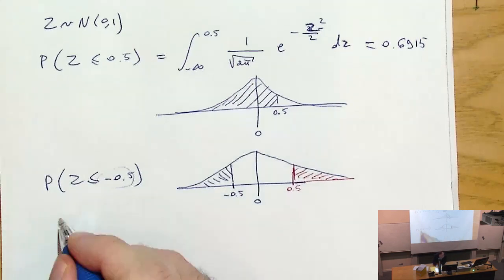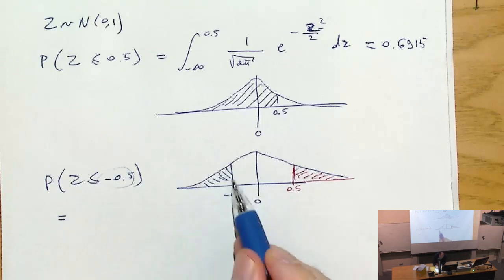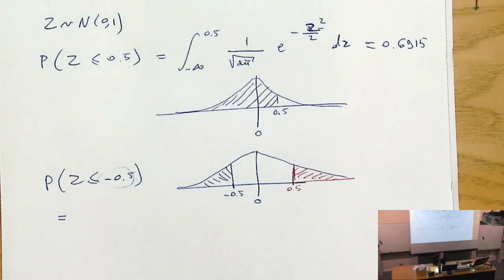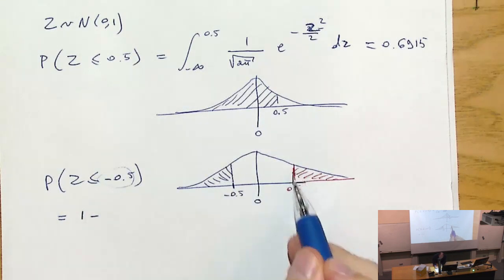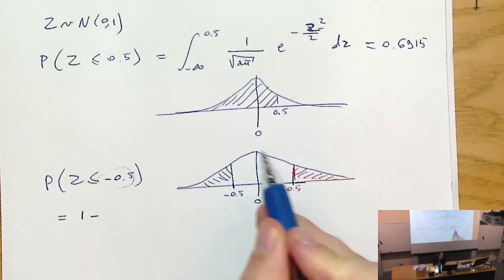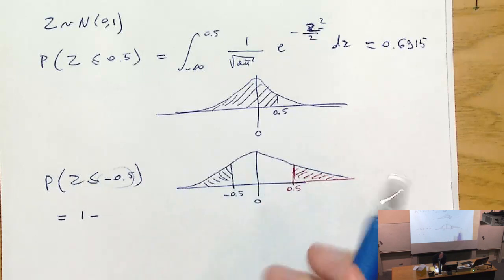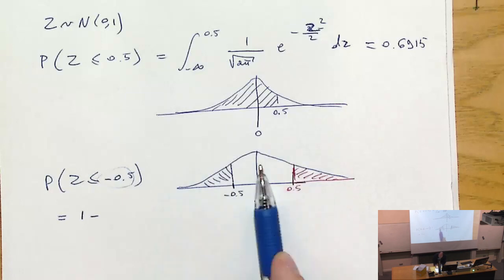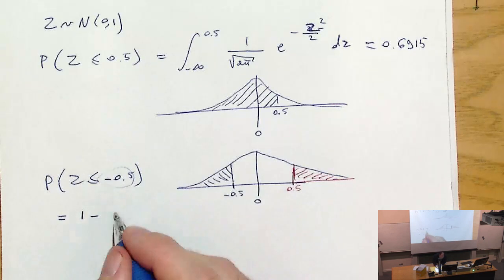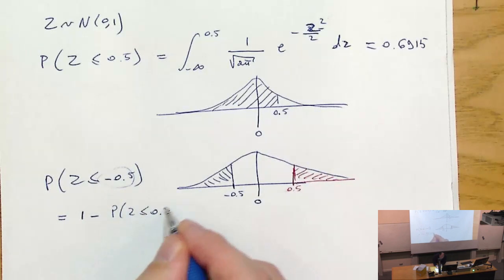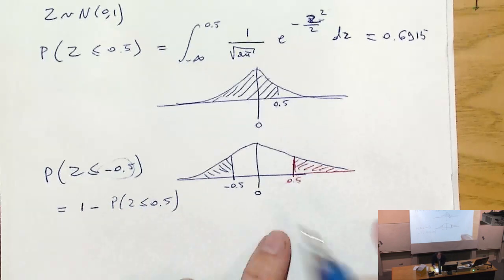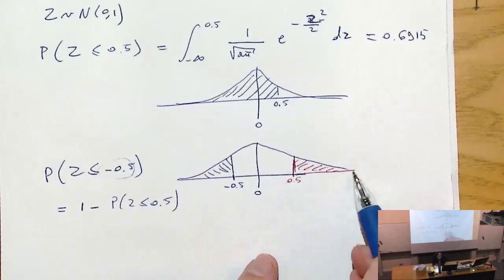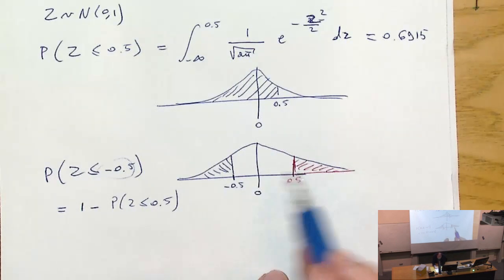So what I can say here is that this area is the same as the probability 1 minus this area, and this area is 1, which is the area under the curve, minus this part. So this is Z smaller or equal to 0.5, right? So Z equal to 0.5 is this whole area here. 1 minus this whole area is the red part. The red part is equal to the blue part.